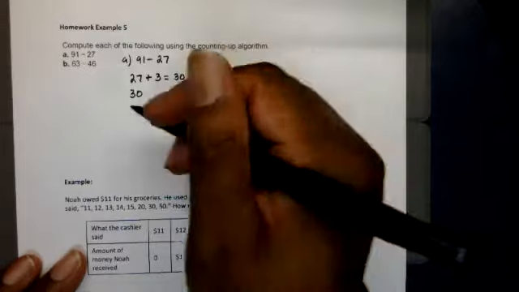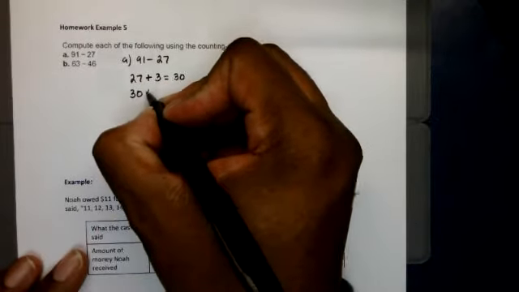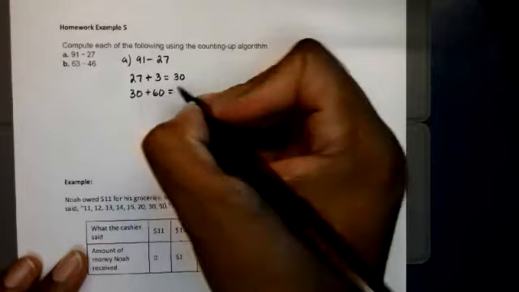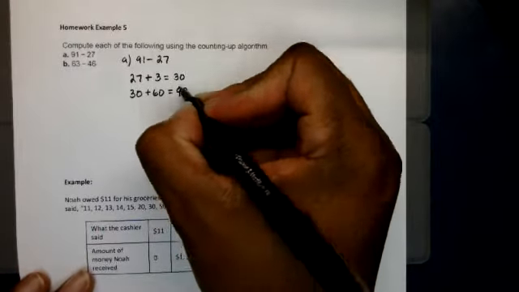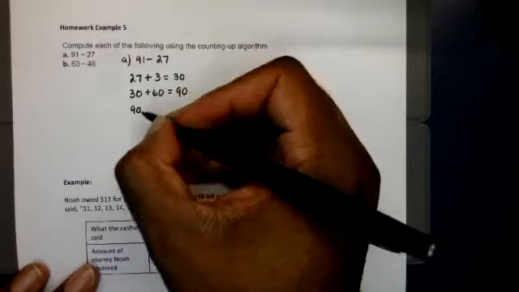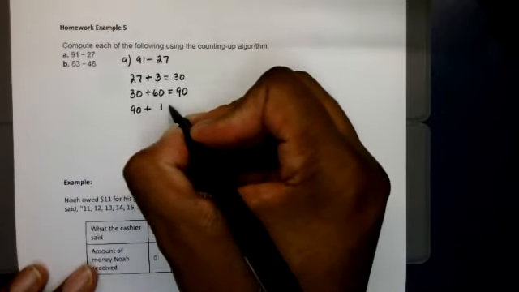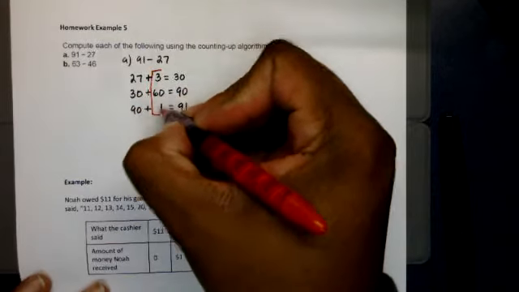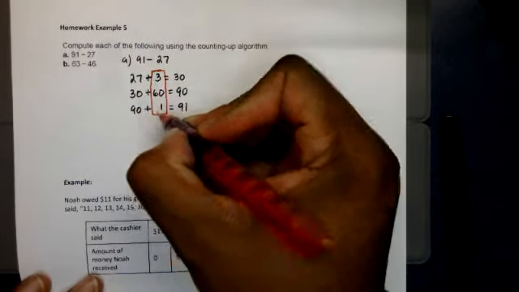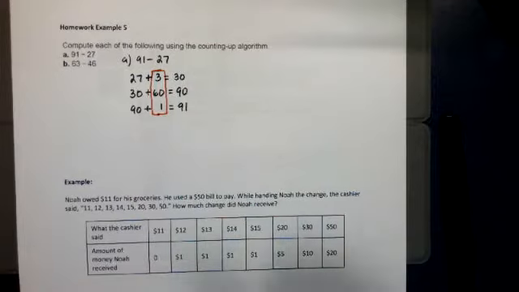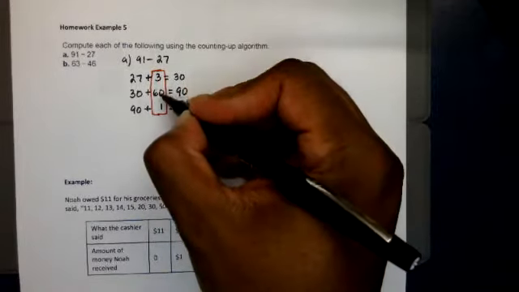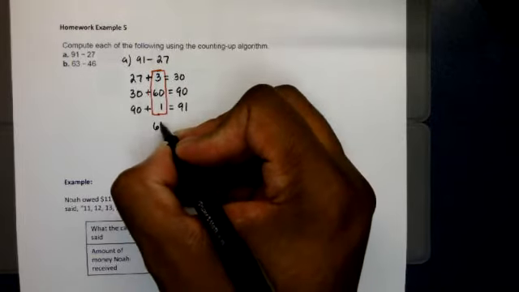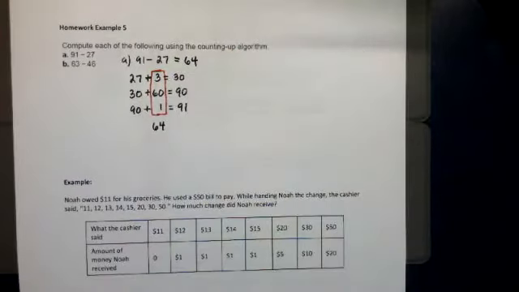Well, let's make that 30 into 90 by adding 60 to the 30. That would give us 90, and 90 is 1 away from 91. So add 1 to that and you'll get 91. Now, these numbers right here are what I'm going to add. That's going to represent the final answer to 91 minus 27, which in this case is 3 plus 60 is 63, plus 1 more would be 64. So 91 minus 27 would be 64.